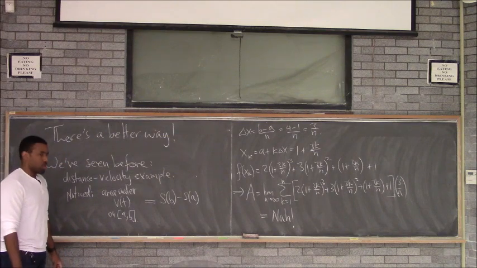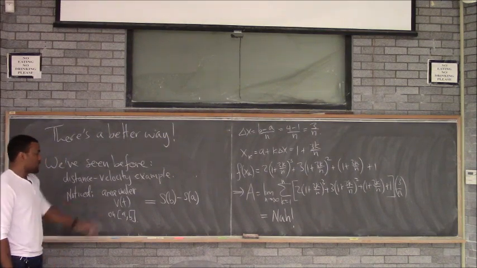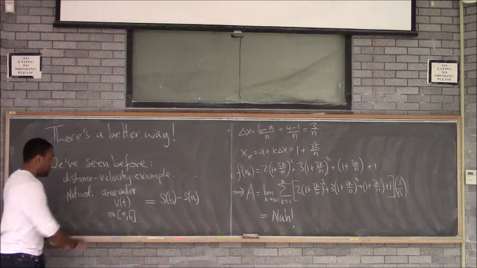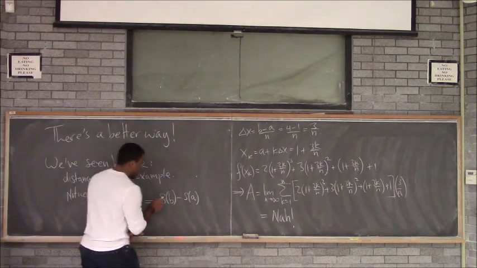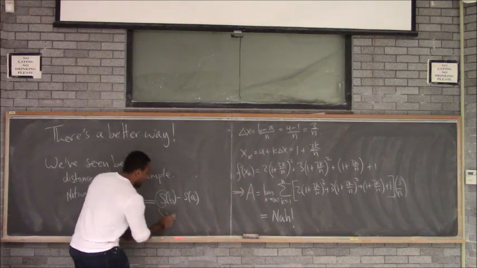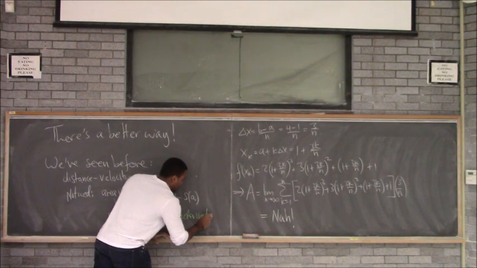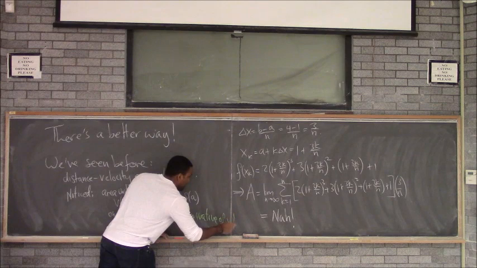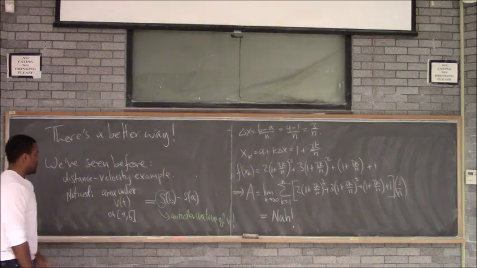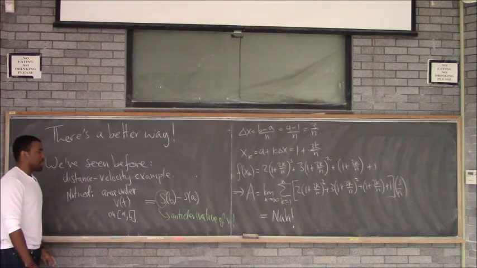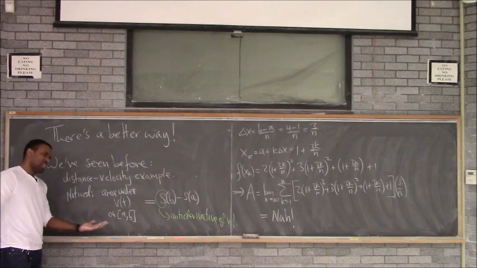We also understood the relationship between these two functions. In fact, the S was the antiderivative of the V. And so we might think, does something like this work in general?